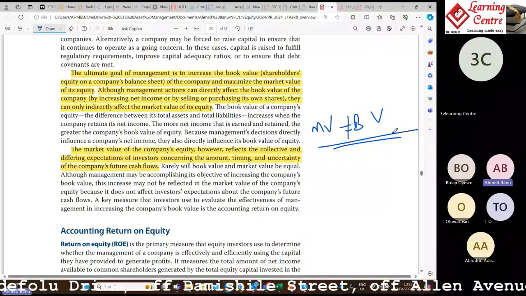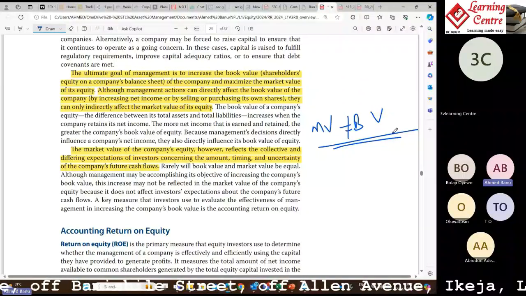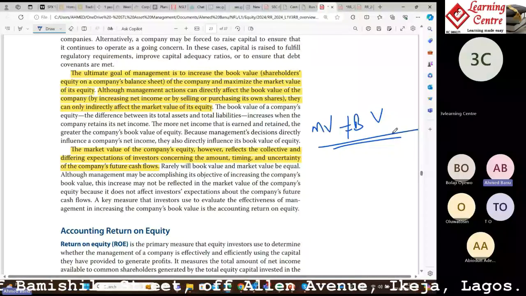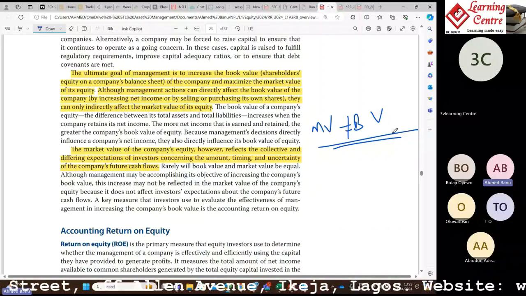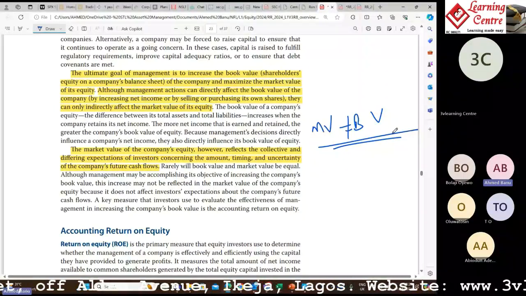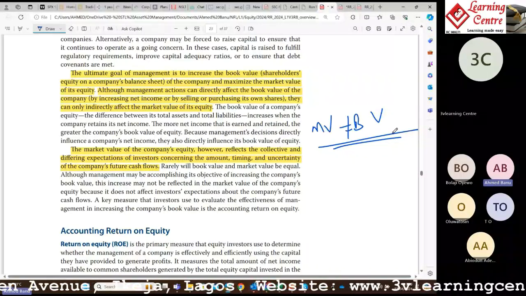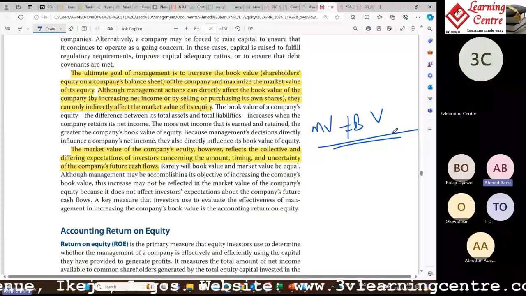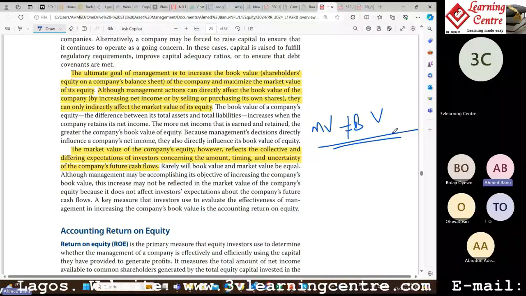Although management might be accomplishing its objective by increasing the company's book value, this increase may not be reflected in market value because it does not affect investors' expectation about the company's future value, future cash flows. A key measure that investors use to evaluate the effectiveness of management in increasing the company's book value is this.